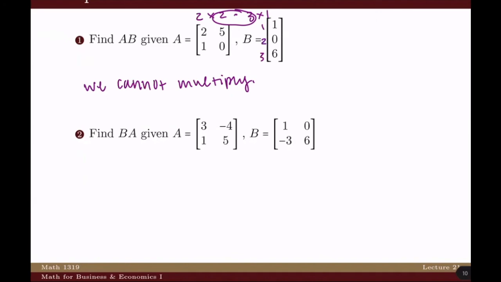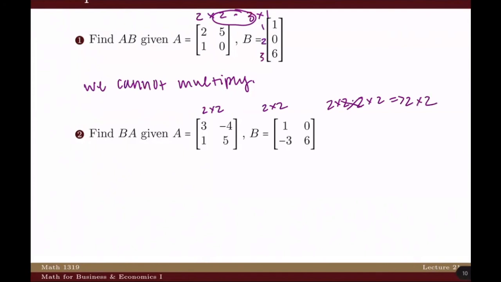So let's now do number 2, find BA. So A is a 2 by 2 matrix, B is a 2 by 2 matrix. So that means BA is going to be 2 by 2 times 2 by 2. 2's do match, so that means overall we're going to get a 2 by 2 matrix. But here's where we're going to have to be careful, because now it's looking for BA.